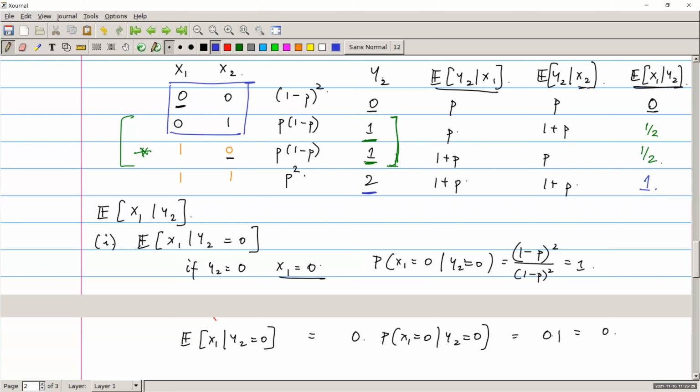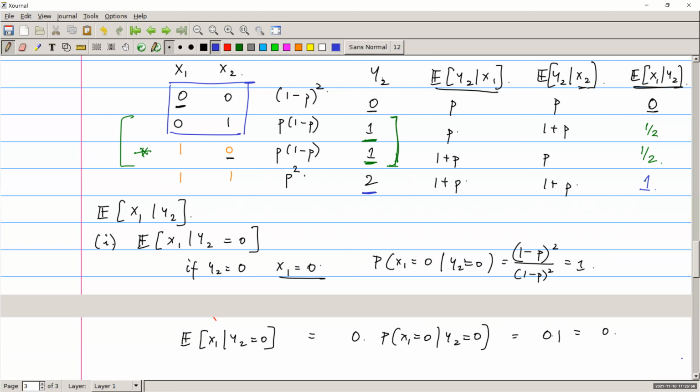So this makes complete sense because when y2 is 0, you know for a fact that x1 has to be 0. So your estimate of x1 comes out to be 0. Same thing, if y2 is 2, you know for a fact that x1 has to be 1, so that is your expectation, your estimate. But if y2 equals 1, you know one of x1 and x2 has to be equal to 1.